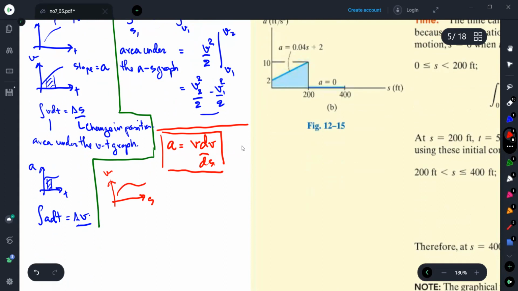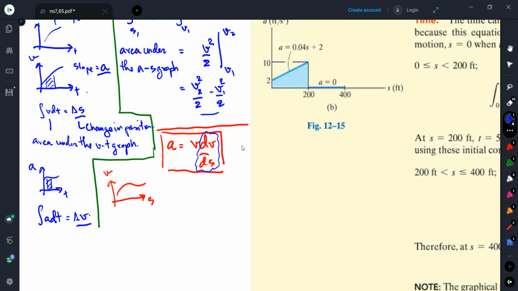So in comparison with the v-t graph, where the slope is equal to a, for v-s the slope is not exactly equal to a. It is equal to the slope dv by ds, which is just a part of it.